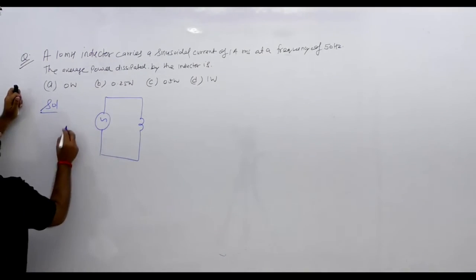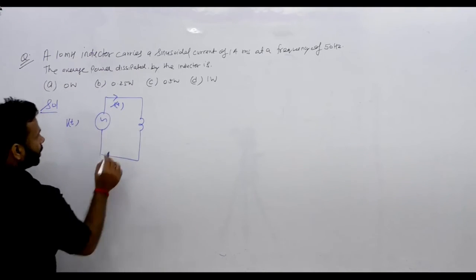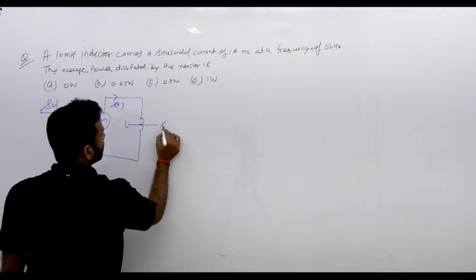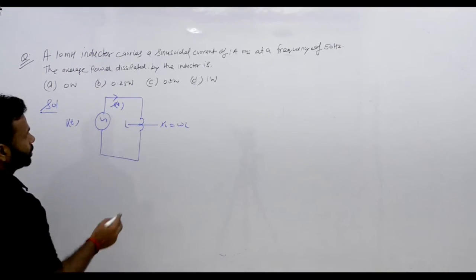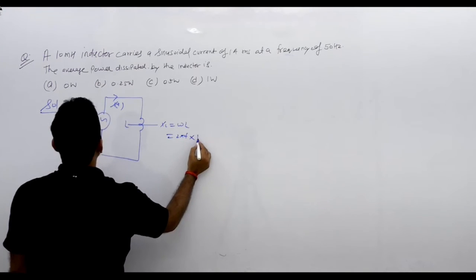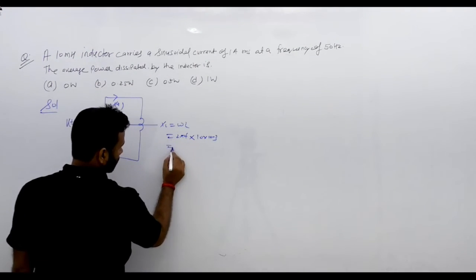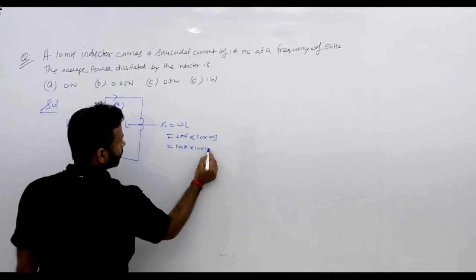So it is VT, it is IT and it is L. So frequency कितनी दे रखी है? 50. So if you solve this, XL is omega L and L is how much? 10 mH. So omega is 2 pi f into L is 10 into 10 to the power minus 3. Now if you solve this, then it is 100 pi into 10 into 10 to the power minus 3.